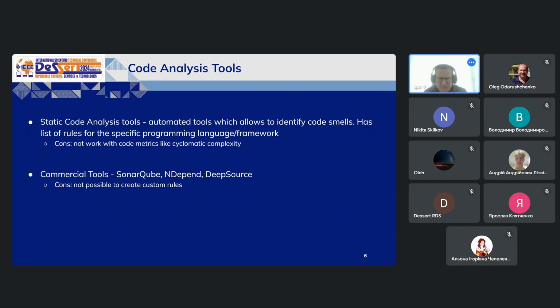Commercial tools like SonarQube or DeepSource, apart from detecting code smells, also allow you to calculate code metrics and code complexity of each method.